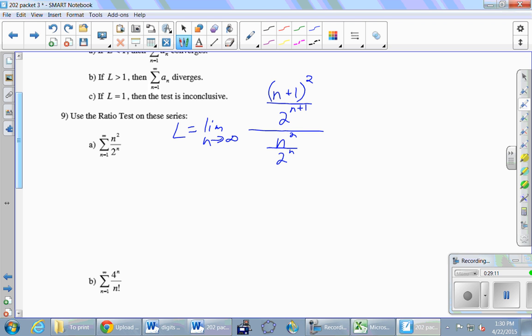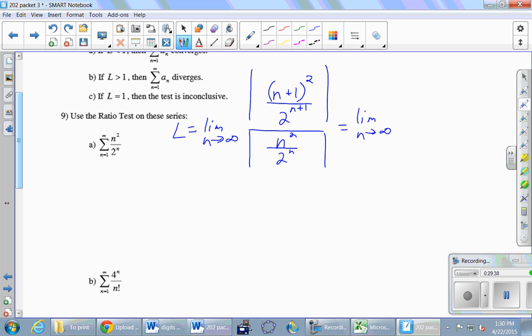According to the ratio test, I am missing something. What did I omit? Absolute value. So let's put them in. In this case, everything is positive, so it doesn't matter, but we'll put it in anyway. Okay, equals the limit as n goes to infinity.